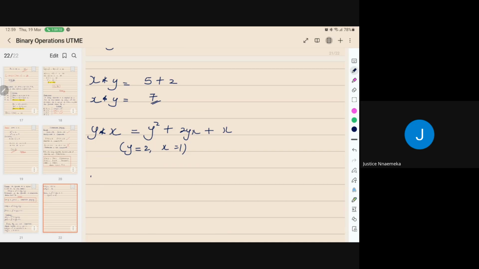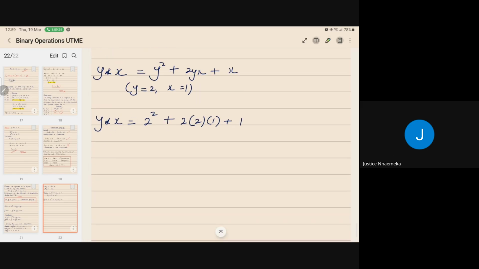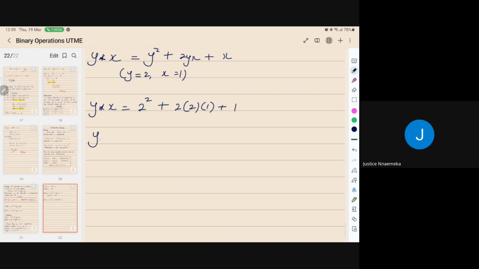So that means y asterisk x will be equal to y squared, that's 2 squared, plus 2, open brackets, y is 2, x is 1, plus 1. So 2 squared is 4, plus 4, plus 1. Y asterisk x is equal to 9.